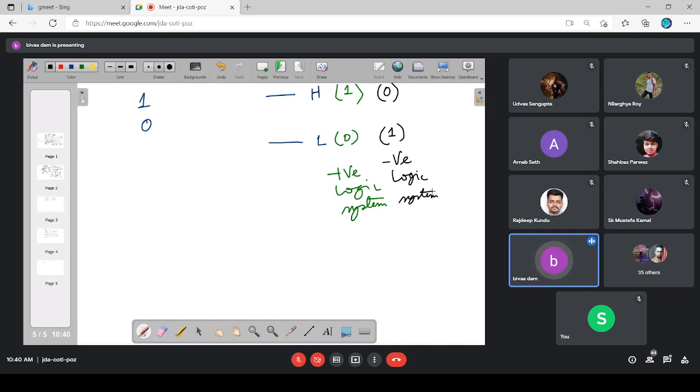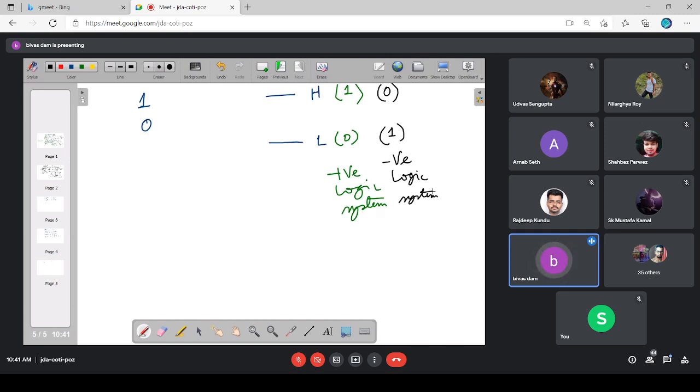That's the positive logic system concept. Instead, somebody may say, sir, why should I associate logic 0 with the lower voltage? I will consider logic 0 to be the higher voltage and logic 1 to be the lower voltage. He is also equally right, because he is now following the negative logic system concept.